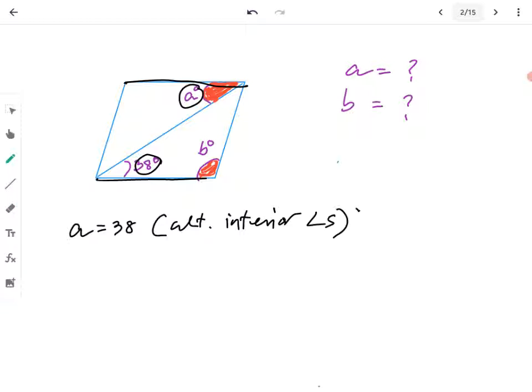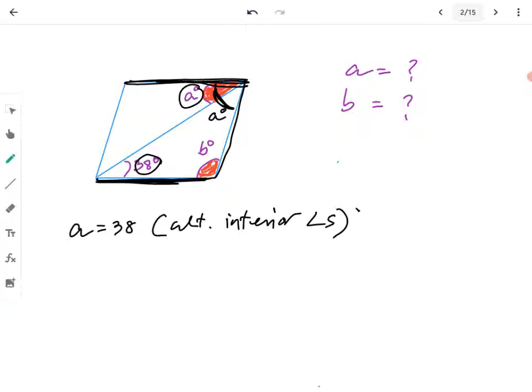Next is B. In B, notice that because this side is parallel, this whole angle here, and mind you, this is also A, because the diagonal bisects the interior angles, that is also 38 degrees.